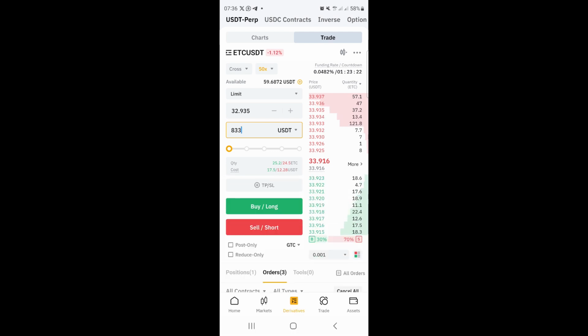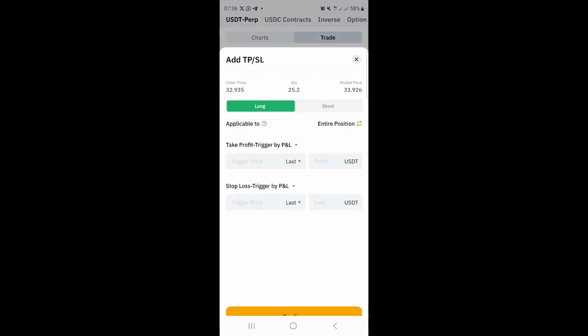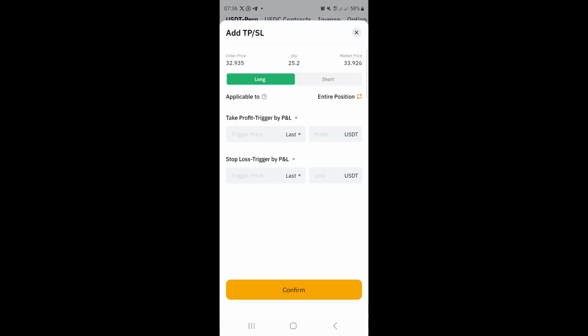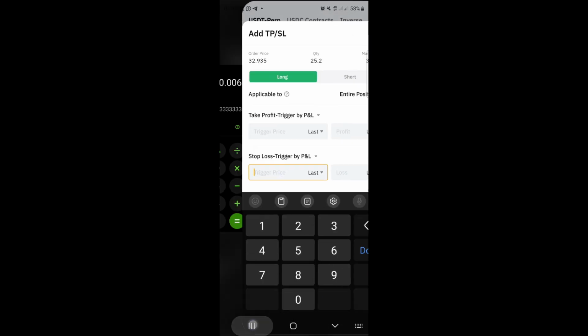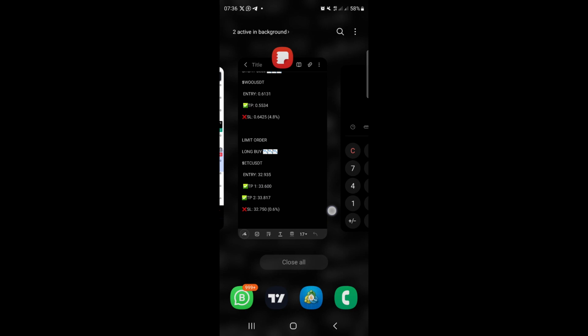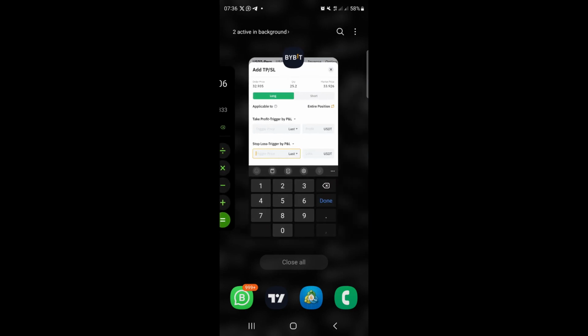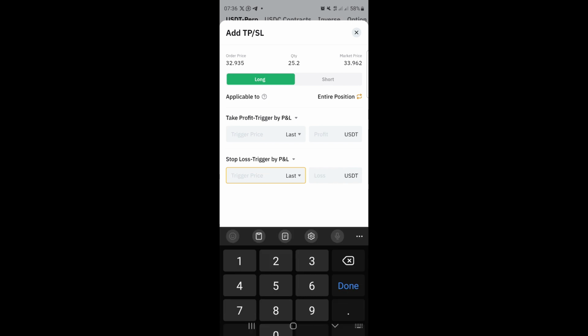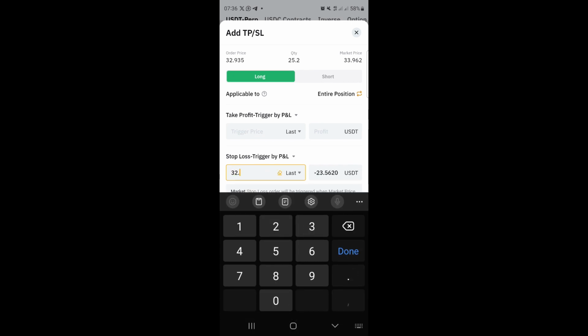Next thing you want to do is come to your take profit and SL to make sure everything is working well. It's a long trade, so you leave it in long. What is your stop loss? 32.750. Put it there. Can you see the amount I'm going to lose? $4.6, which is approximately $5.